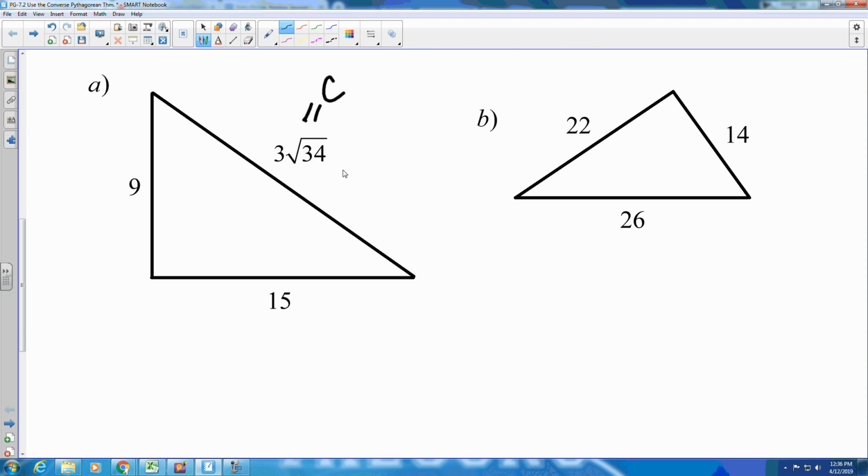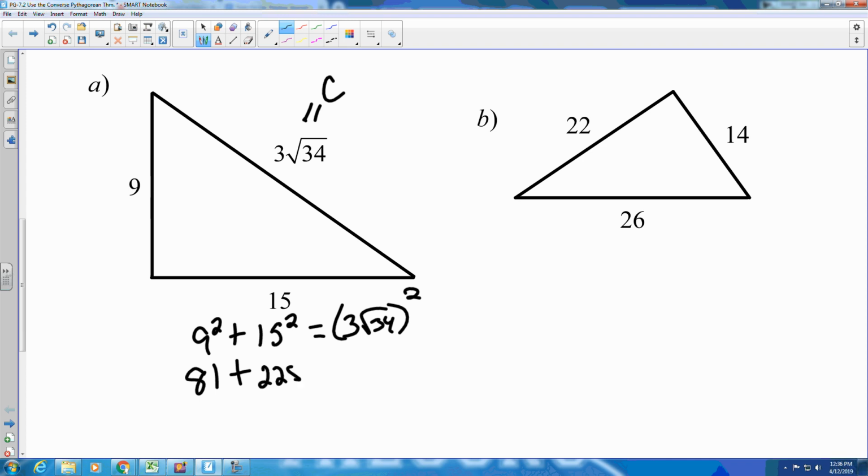So I want to see if 9 squared plus 15 squared is going to equal 3 times the square root of 34, squared. 9 squared is 81, plus 15 squared is 225. To handle the right side, you use the power of a power rule and attach that square to both the 3 and the square root of 34.